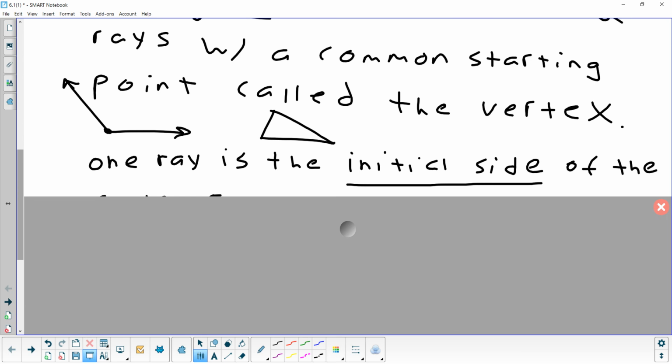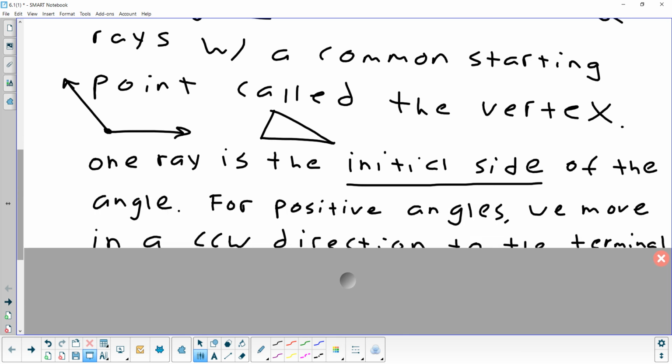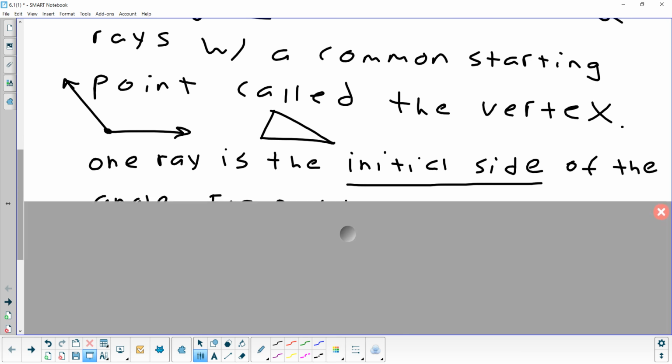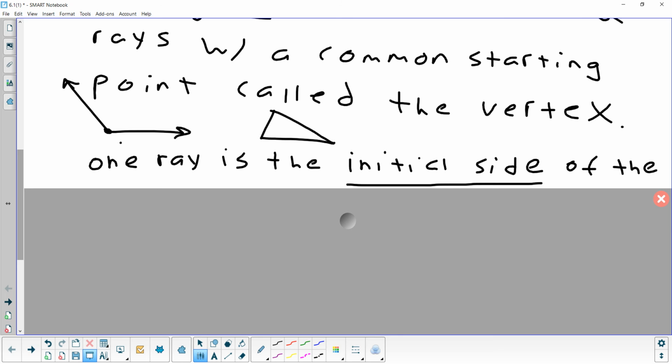And I'm going to try to explain to you which side is which. So in this angle that I just drew, that would be the initial side. And that would be the terminal side. So how do you know which side is which?